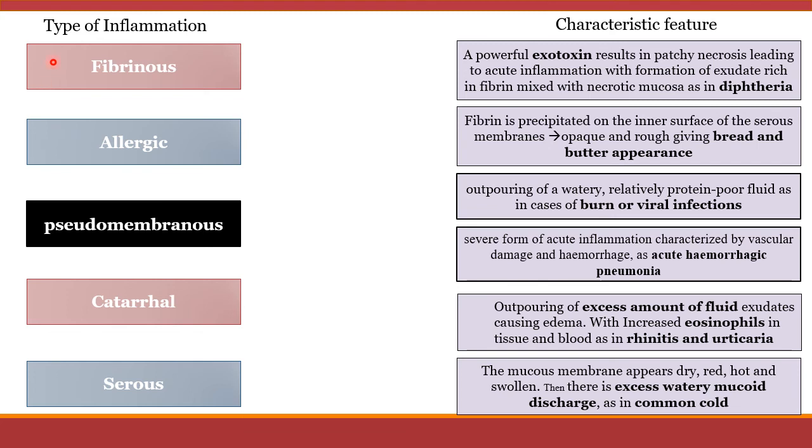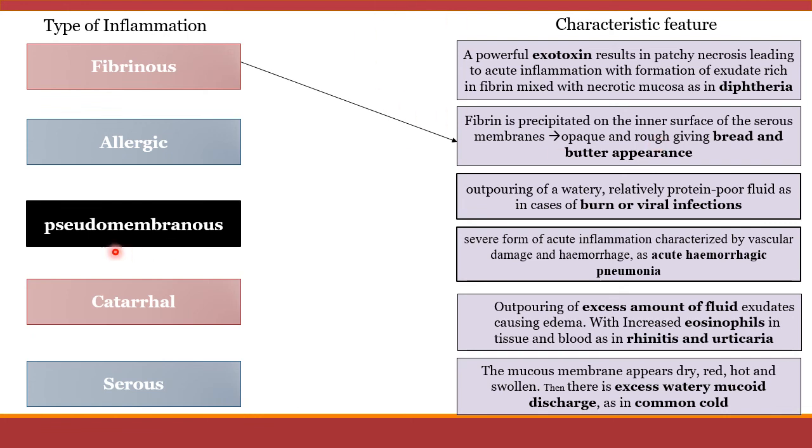So let's start with the fibrinous inflammation. Which one of those features can be characteristic of fibrinous inflammation? Yes, it is when the fibrin is precipitated on the inner surface of the serous membranes and leads to opaque, rough appearance, giving bread and butter appearance in those organs.